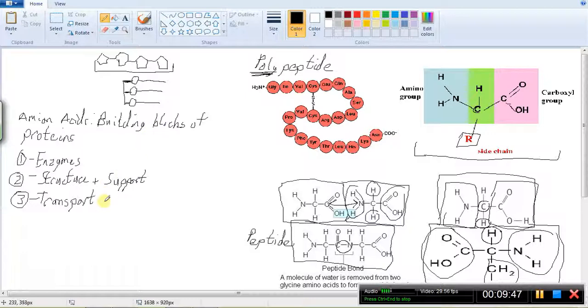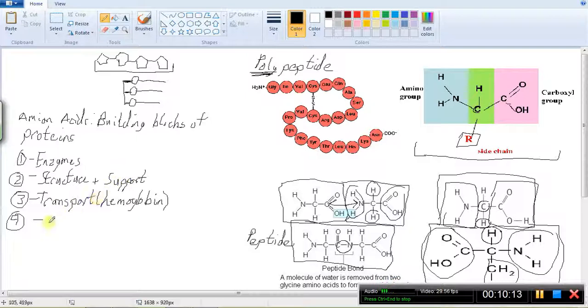An example there is hemoglobin. We've talked about hemoglobin before. If you remember, hemoglobin is a protein, and it's in our red blood cells, and that's the protein that actually carries the oxygen. So without hemoglobin, our red blood cells could not carry oxygen anywhere. So it helps to transport oxygen. Without that protein, we would not be transporting oxygen.